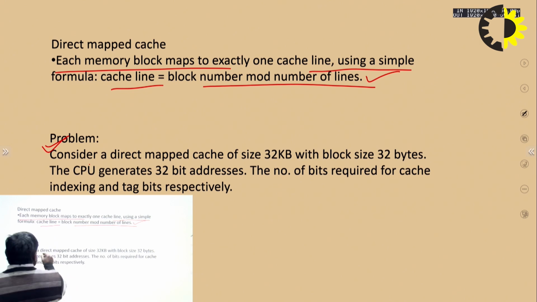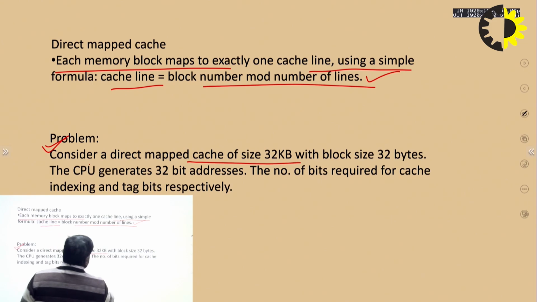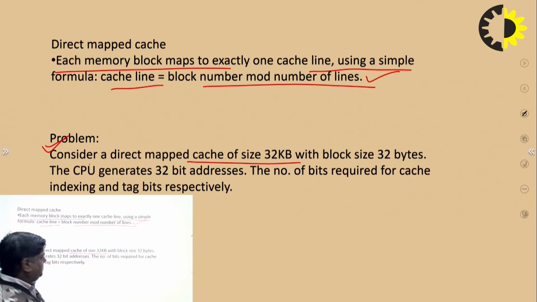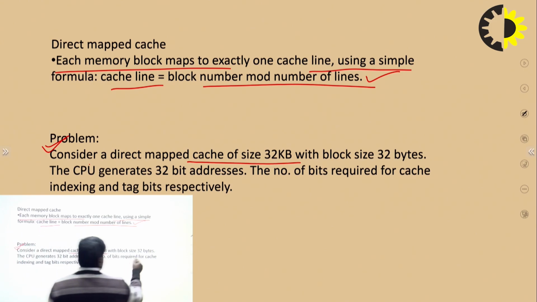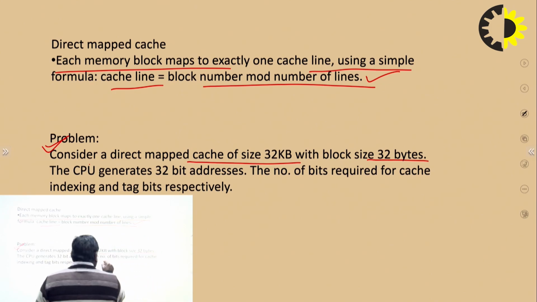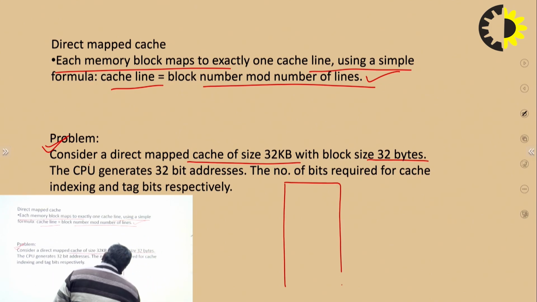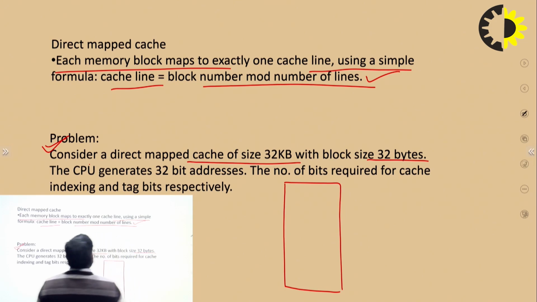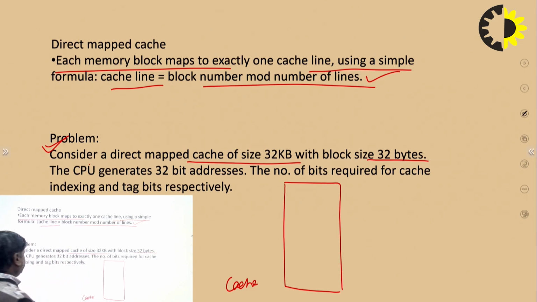Now in direct mapping, the cache size is 32 KB with a block size of 32 bytes. Suppose this is the cache. What is the cache size? 32 KB, which is 2 to the power 5, that is 32, times 2 to the power 10.